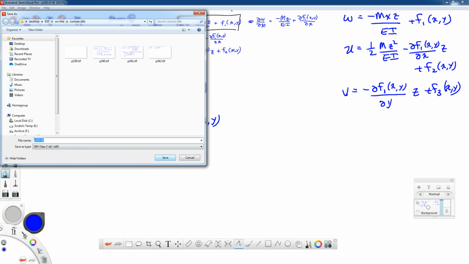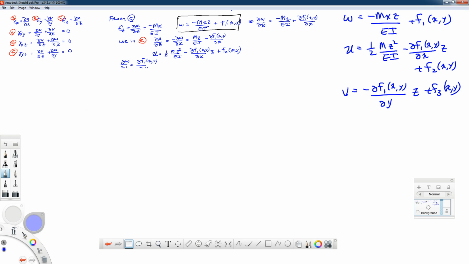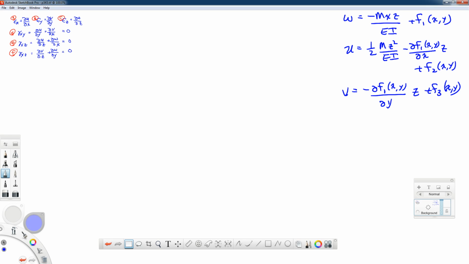I want to leave the strain displacement equations, and I'm going to get rid of these equations right here. I'm going to label some things as well. I'm going to label this u equation, equation 1, and this v equation, equation 2.